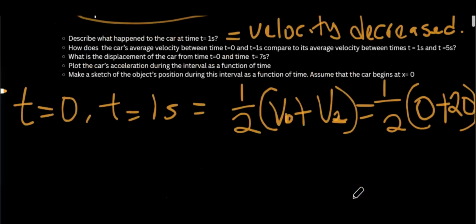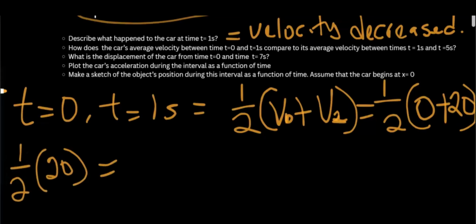So when we calculate that, it is 1 over 2 times 20, which is 10 meters per second. That's the average velocity between t equals 0 and t equals 1.